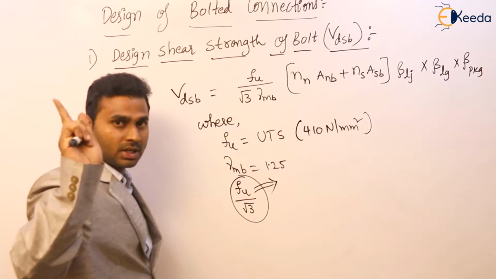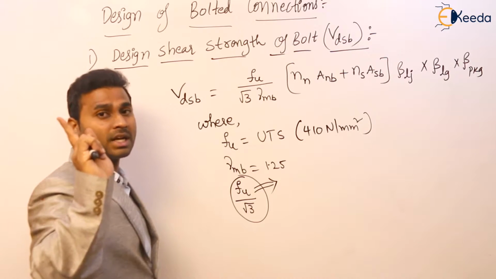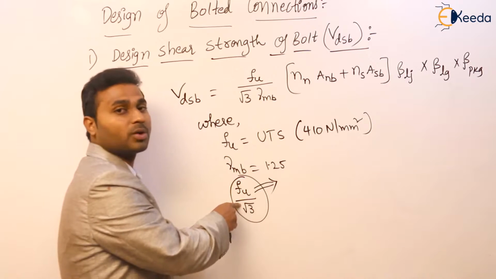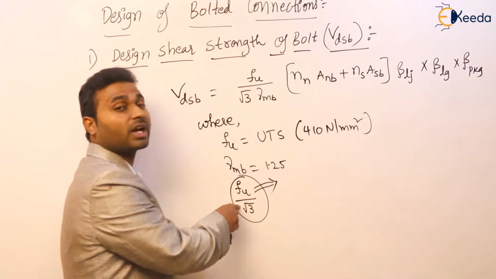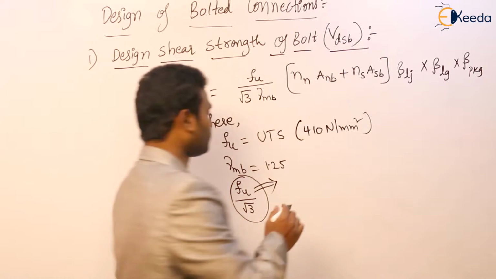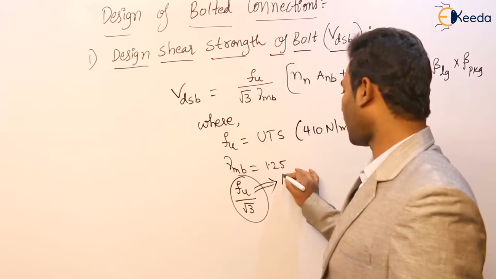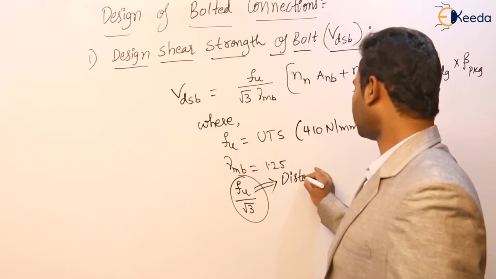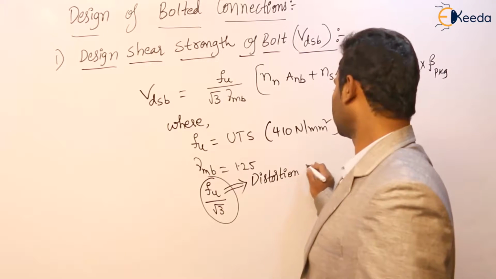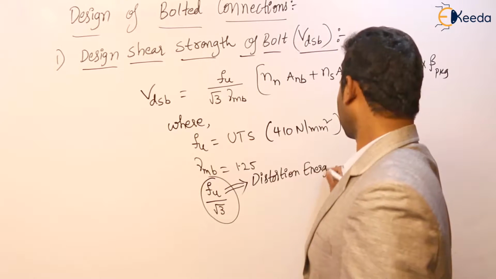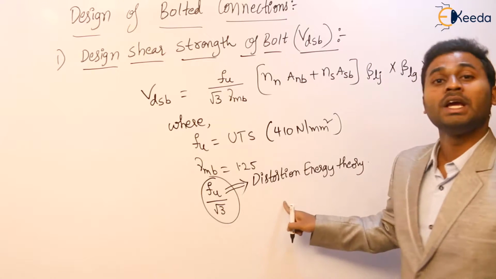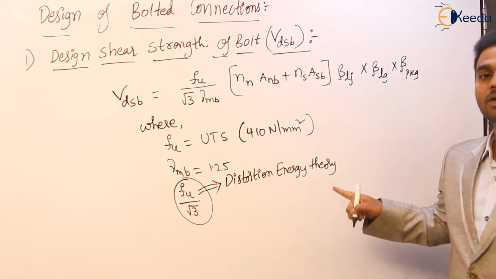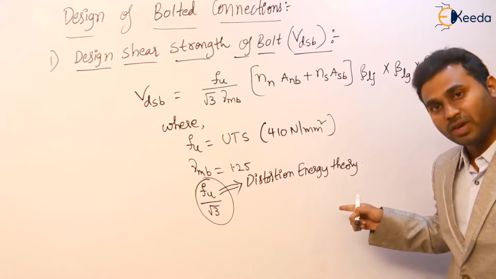So based on that theory, the stress to be considered in shear is Fu by root 3 or Fy by root 3. It means that stress should be divided by a factor of root 3. So this is based upon which theory? Distortion energy theory. As I said, you are going to study this in strength of materials, in the topic named theories of failure.